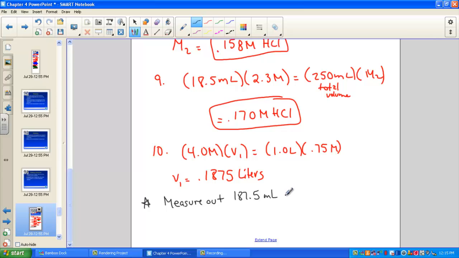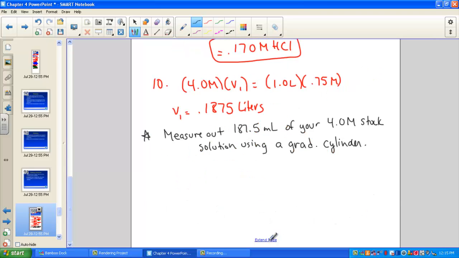Measure out 187.5 mLs of your 4 molar stock solution using a graduated cylinder. So into the cylinder, pouring from the stock bottle 187.5 mLs, and then stop.